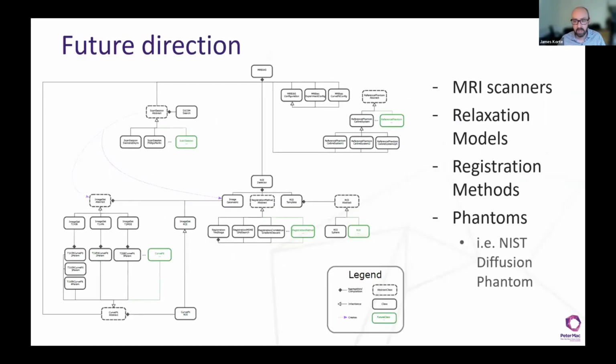The software at this point has mainly only been tested on data from Siemens scanners. We did also run it on some Philips data that's come out of an MR-Linac. It supports a range of relaxation models for T1 and T2, and we have a couple of different registration methods depending on what data is available.